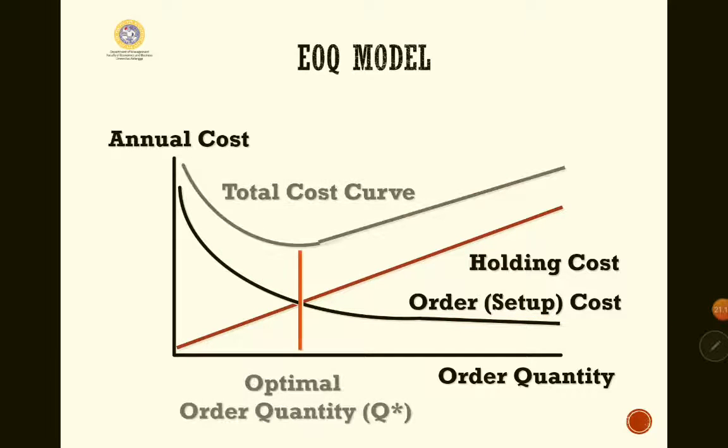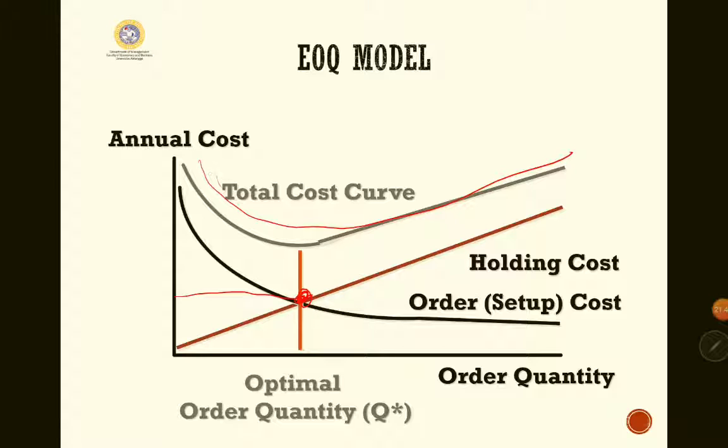And here we have this point, which is the optimal order quantity. So how much inventory, how much stock should the company purchase to minimize their inventory cost. We have the total cost curve that also, remember your microeconomic concept.